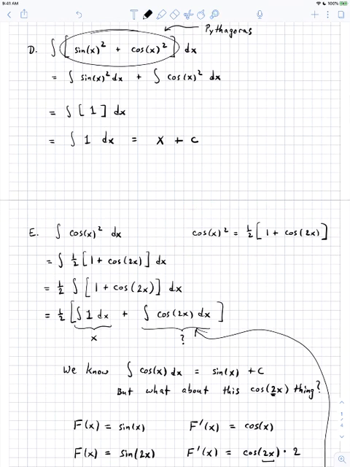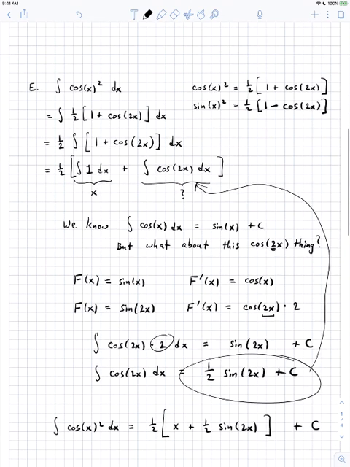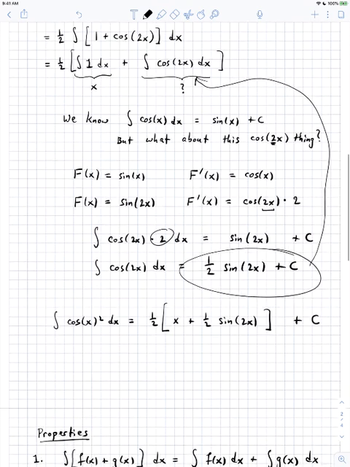We could actually evaluate the integral of sine squared in a similar way, using sine x squared equals 1/2 times 1 minus cosine of 2x. That would give you basically the same integral. It would just put a minus sign right there. And so in the end, you'd have a minus sign right here. But otherwise, it's the same.